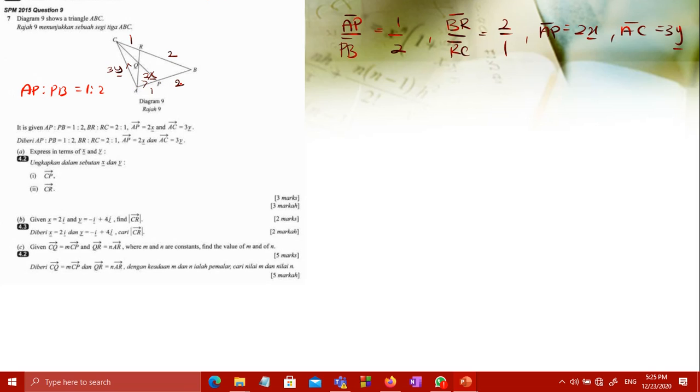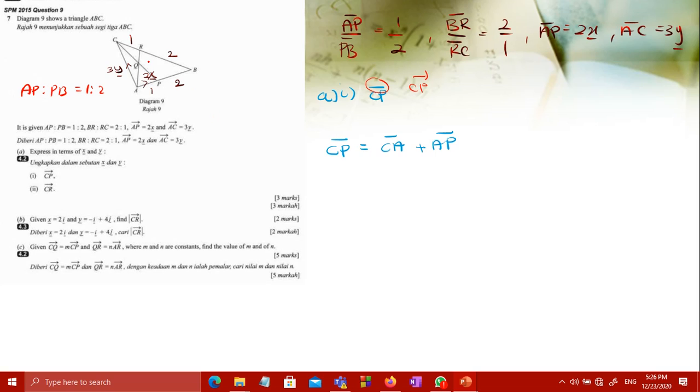So let's label all the information like this, and also AP ratio 1 and PB ratio 2. And the same goes with BR ratio RC. The question asks us to find vector CP, and the bar here is actually the same as vector CP. It is another way to indicate vector.